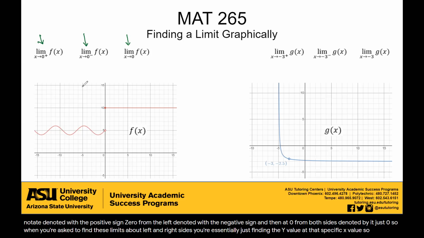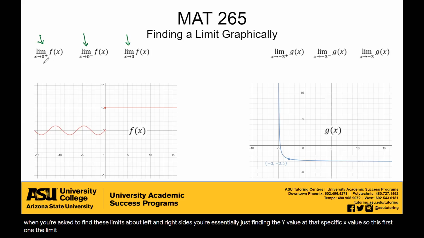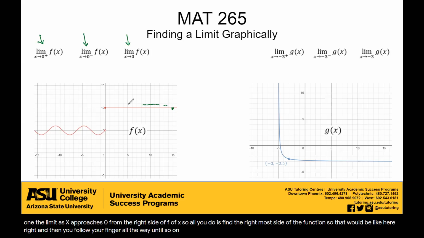So this first one, the limit as x approaches 0 from the right side of f of x. All you do is find the rightmost side of the function. So that would be like here, right? And then you follow your finger all the way until I stop.